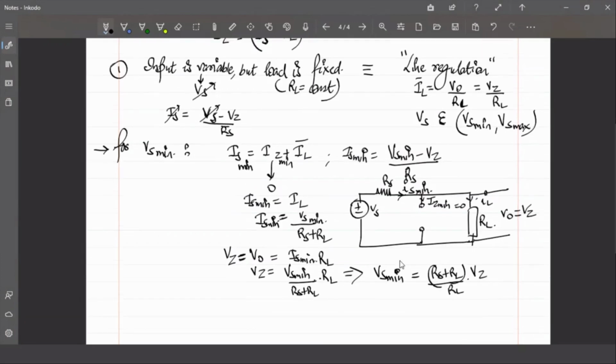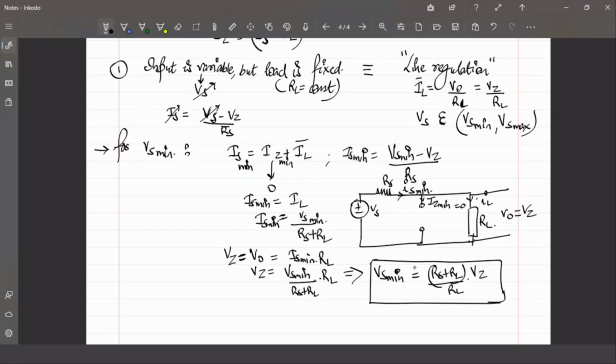Is this clear? This is the minimum value of voltage which should be there for a specific load resistance RL, having a source resistance Rs, with a Zener diode of Zener voltage Vz. This should be the minimum value of voltage applied here.